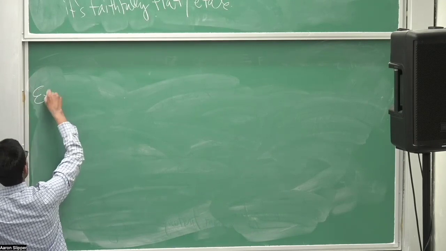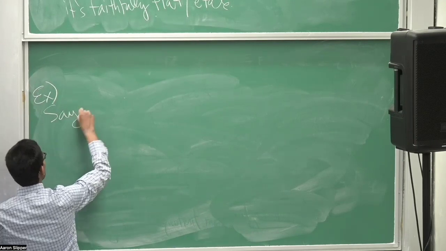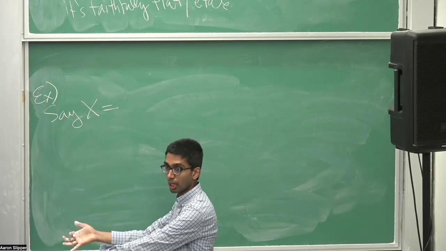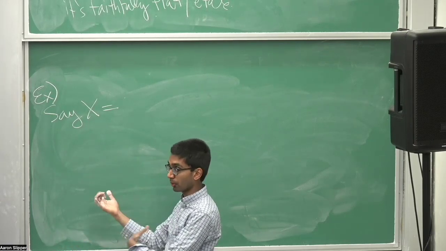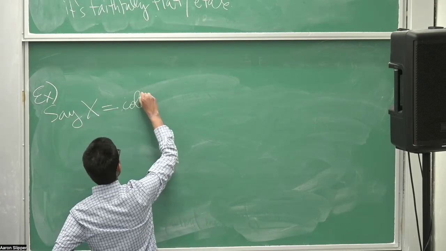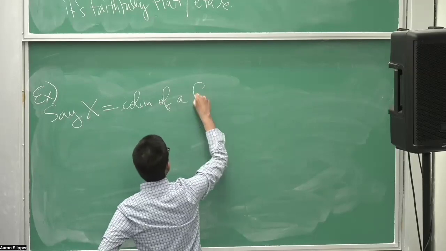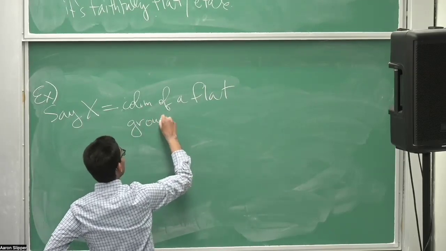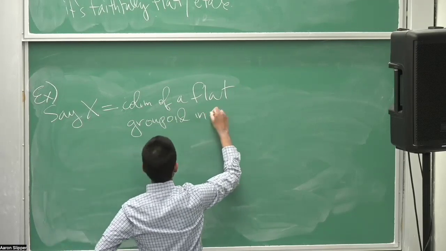Okay, so for example, let's say X is a stack and it's represented by a flat groupoid in affine space.